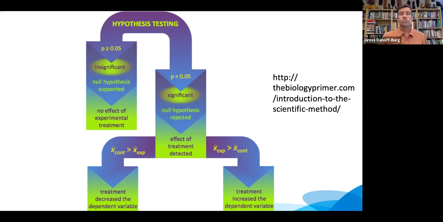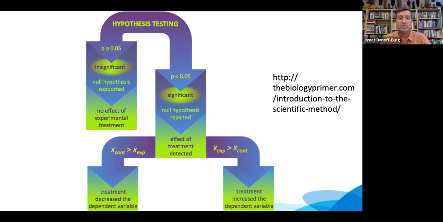Okay? Then, how do we know what to conclude? Because our p-value tells us that there's a significant difference, so we reject the null hypothesis. How do we know whether we can accept our preferred hypothesis or our alternative hypothesis, if we just keep it simple, having only two, preferred and alternative? Well, we have to look at the data.